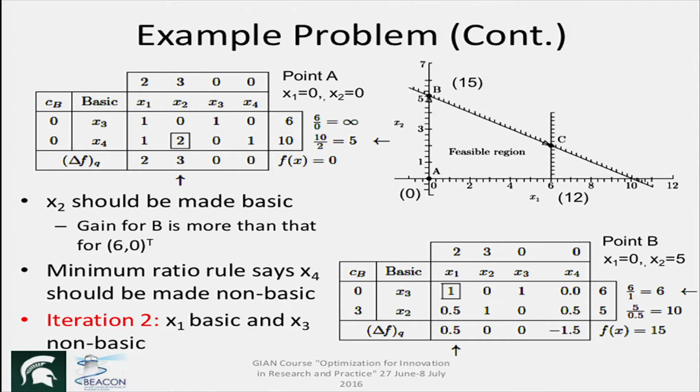Then you have to do some row manipulation like the way we said. You multiply the pivot row, that means the x2 row, by something and subtract from it so that this becomes 0. Is that clear to everybody?